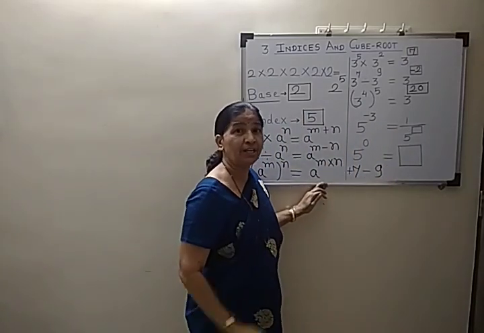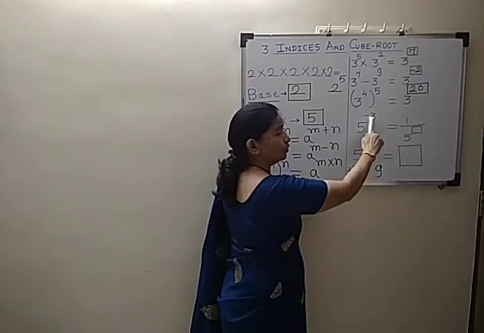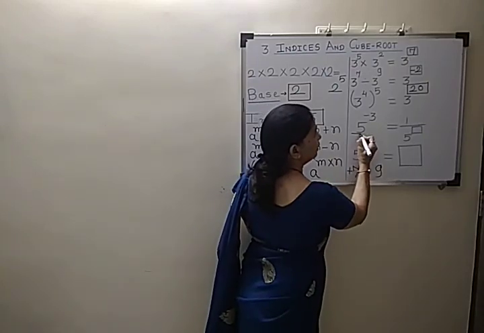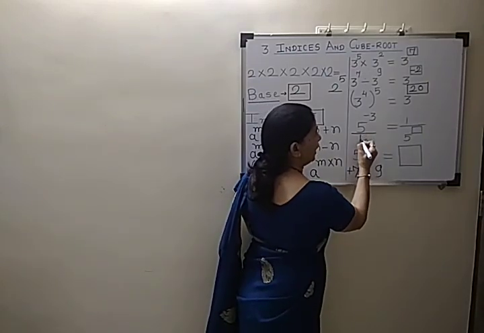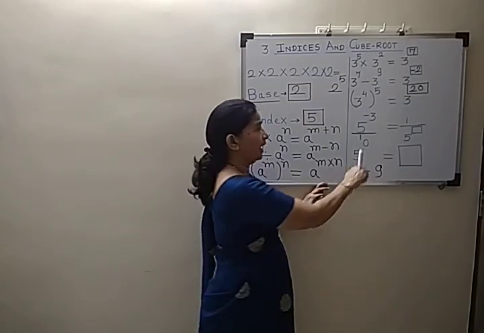So remember here what they had done. That 5 raised to minus 3 has no denominator, means we should assume that there is denominator as 1.